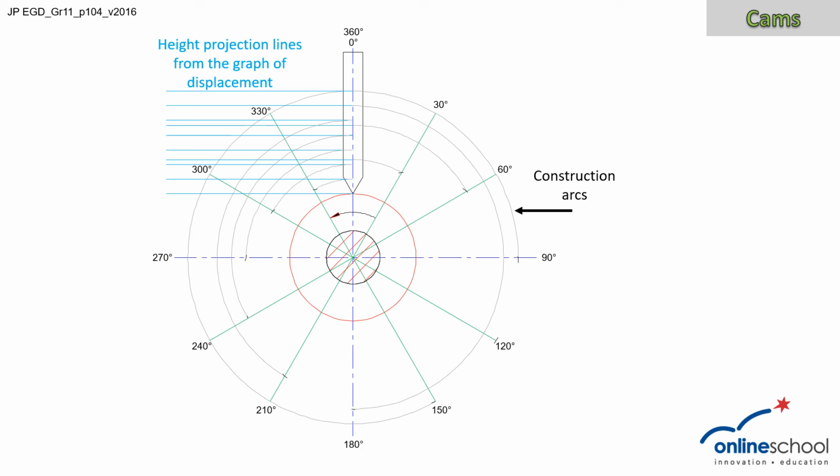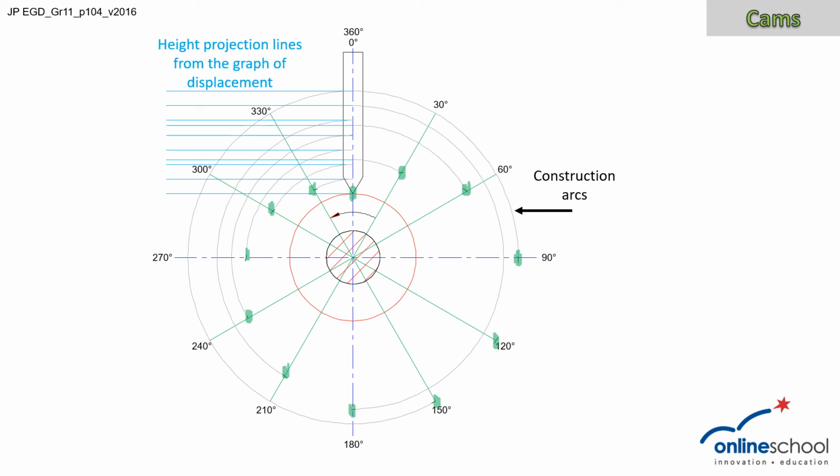Let's get our attention back to the wedge-ended follower, and we are going to double check that our projections are done correctly from the heights that are projected from the graph of displacement onto our vertical center line. We're going to start with 0 degrees, where the minimum displacement is, then move on to the 30, 60, 90, 120, 150, 180, 210, 240, 270, 300, 330 degrees, back to 0 degrees, or the full rotation of 360 degrees.